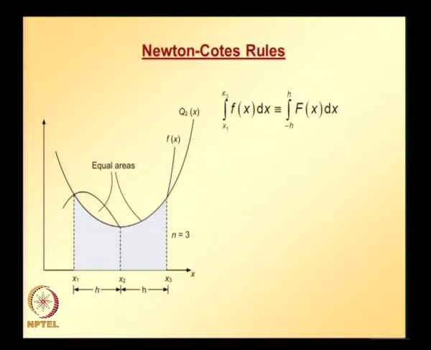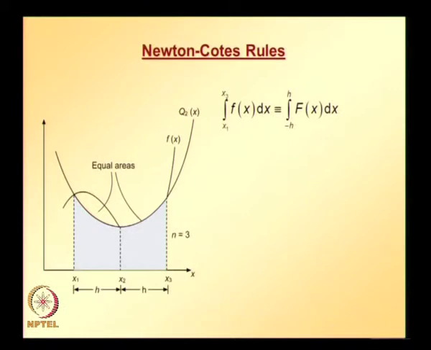Our job is to evaluate the integral of f(x) between the limits x1 and x3. If we take x2 as the origin, x1 is at a distance minus h and x3 is at a distance h. So we can replace these limits x1, x3 with minus h and h.